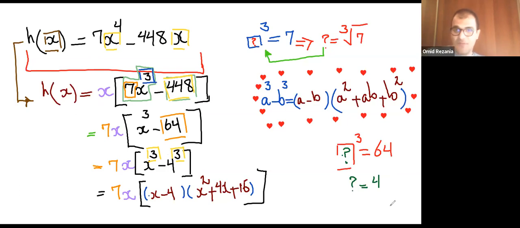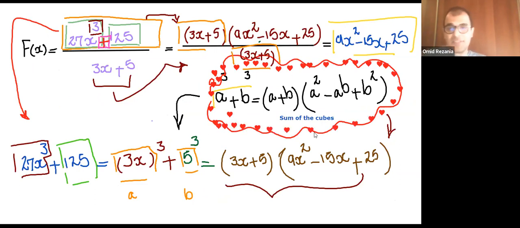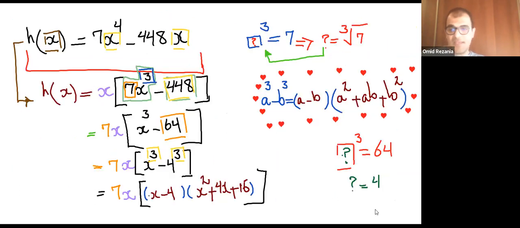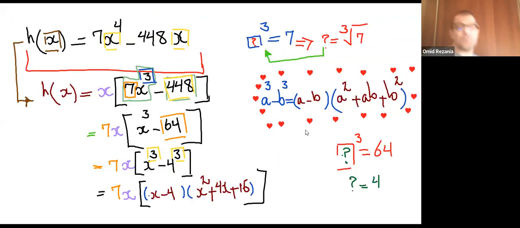The previous one which you saw here, let me also put a heart next to that, because that's the one we love. This is the sum of the cubes. This is called the difference of the cubes, and we call that the cube family. I always look at this one as a brother of the family, and this one as a sister, which you see simplifies our expression in a very neat and easy way.